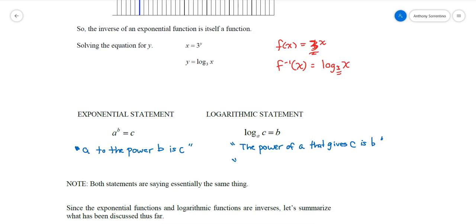Or I can even say the exponent a is raised to get c is b. And so those are basically the way you would translate that into English. They're basically saying the same thing.